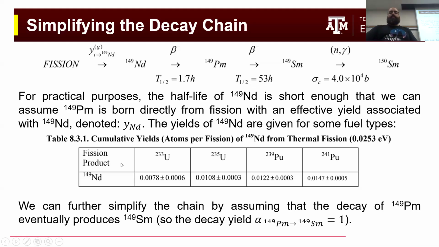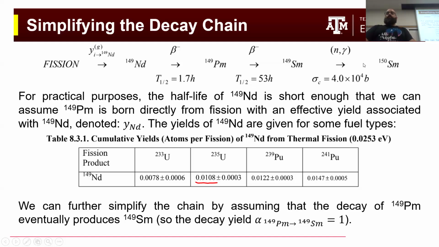And the neodymium yields are given in this table for different fuel nuclides that fission due to thermal neutrons. So these are the yields, the Y and D values. If the fuel is uranium-235, then that would be my yield for neodymium for that fuel.